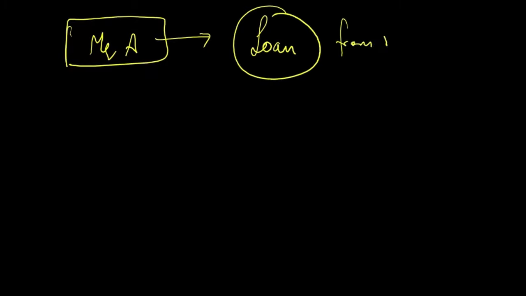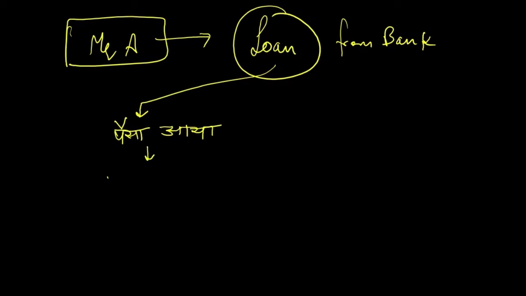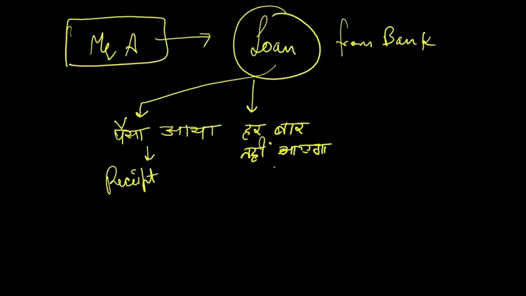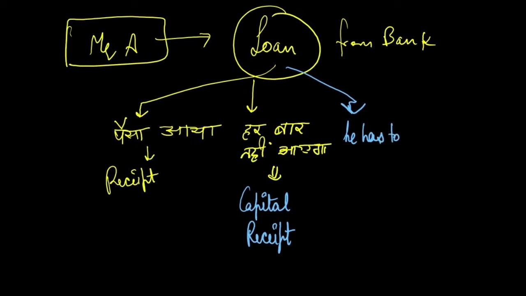So if Mr. A gets a loan from the bank, पैसा आया, it means it's a receipt. हर बार नहीं आएगा, so it's a capital receipt. He has to pay interest on it, that on an annual basis.